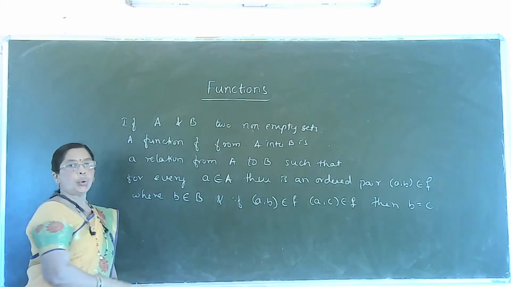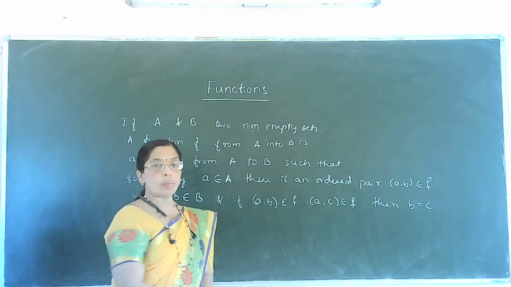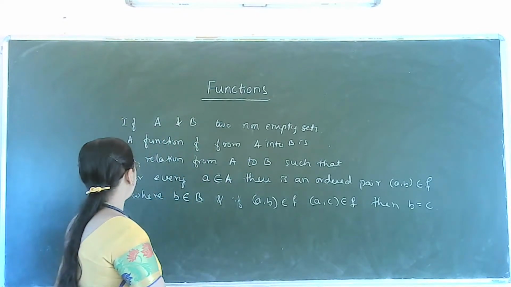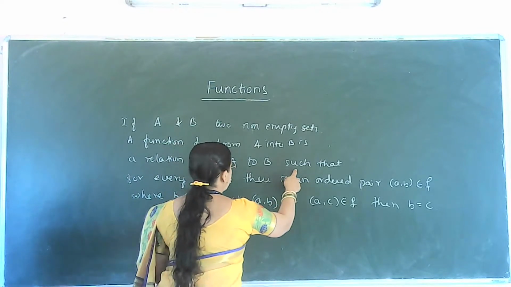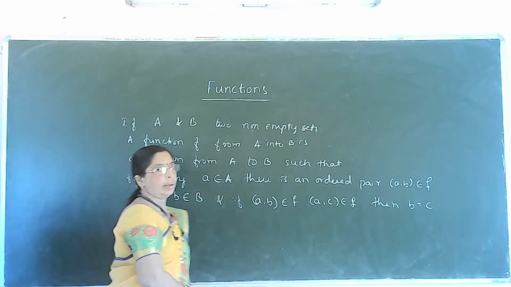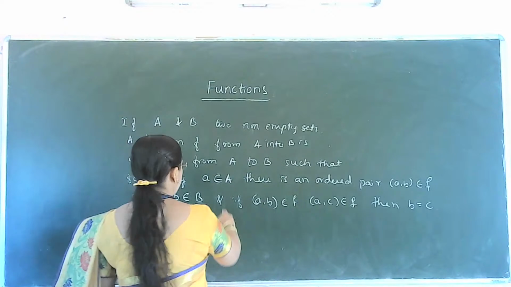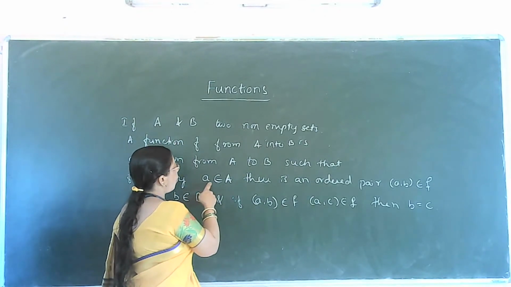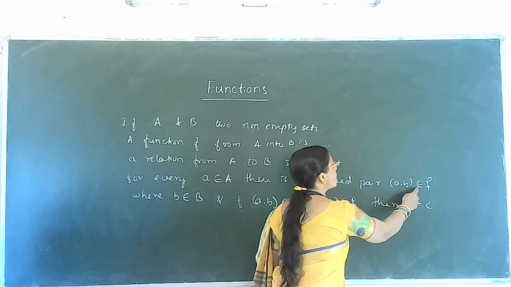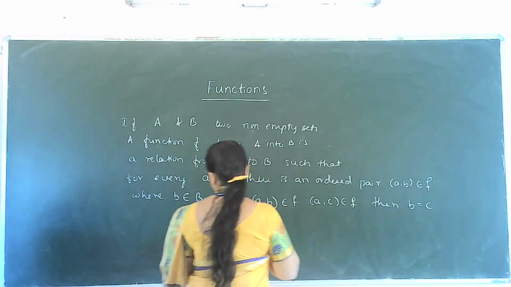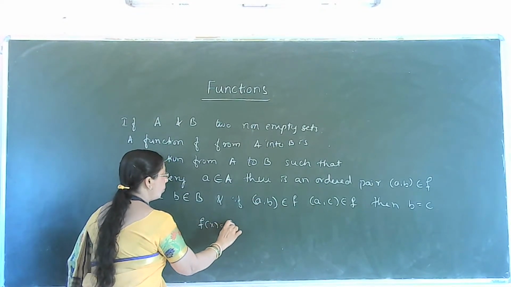Here, if A and B are two non-empty sets, a function f from A into B is one of the relations from A to B, but such that for every element a belonging to A, that is every element of the domain, there is an ordered pair (a, b) belonging to f, where b belongs to B, meaning f of x is equal to b.